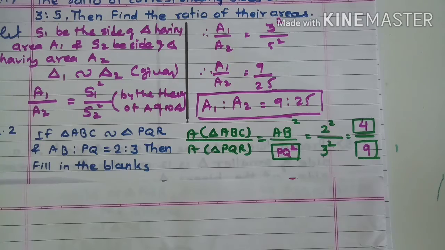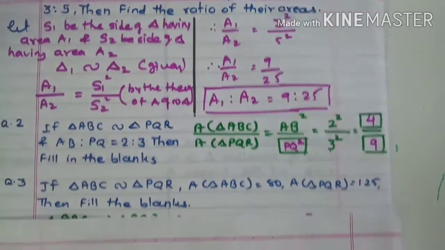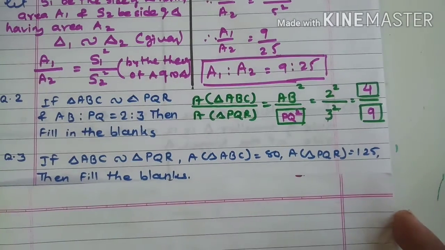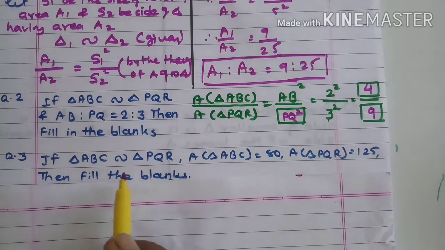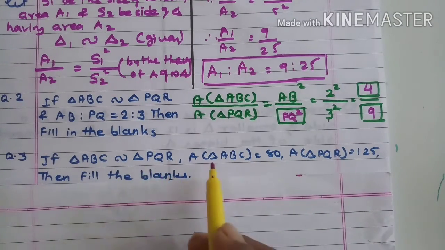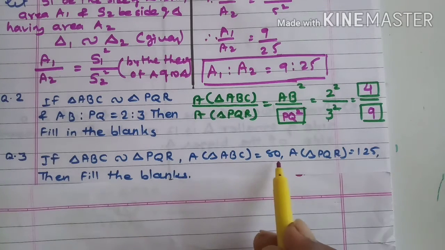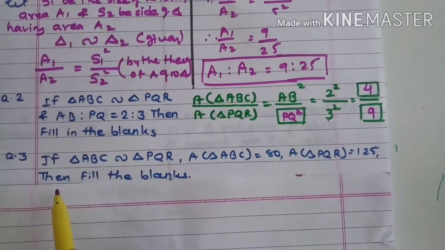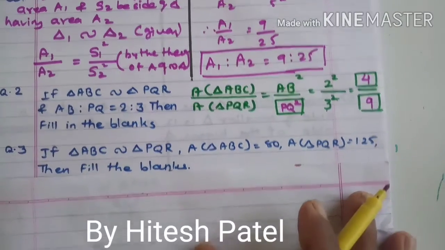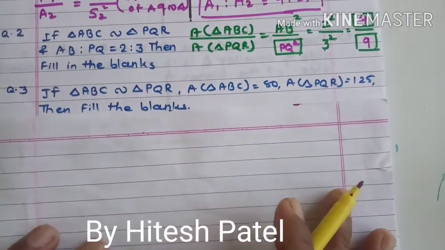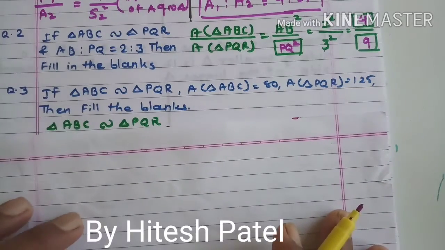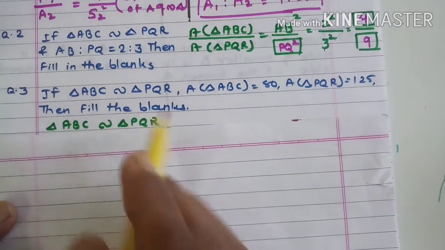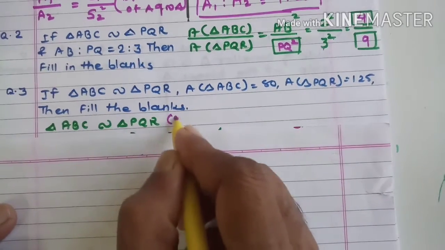Then question number 3, what they have given: if triangle ABC is similar to triangle PQR, area of triangle ABC is given 80, area of PQR is given 125, then fill in the blanks. Once again we have to fill in the blanks. Triangle ABC is similar to triangle PQR, that is given.